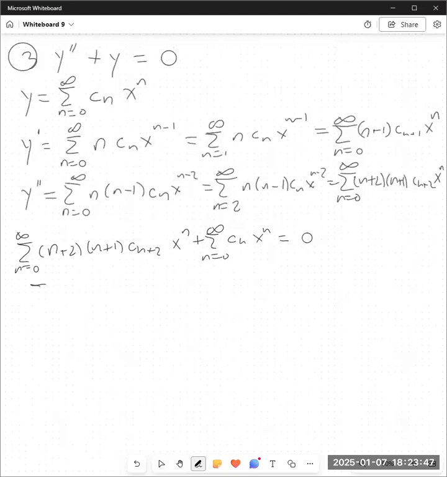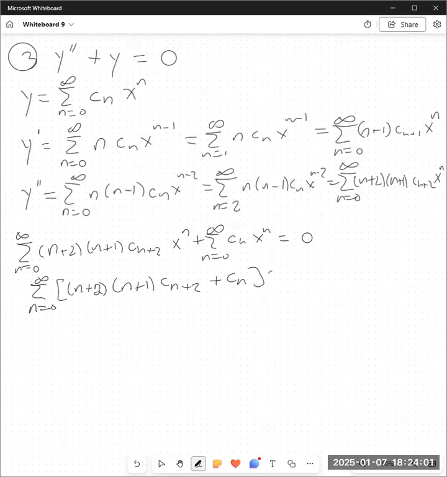So these are alike. I'm going to combine the series together, and x to the n factors out: n plus 2, n plus 1, c sub n plus 2 plus c sub n.